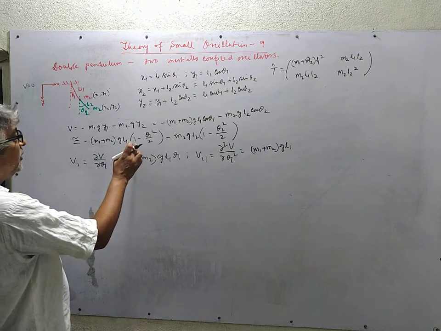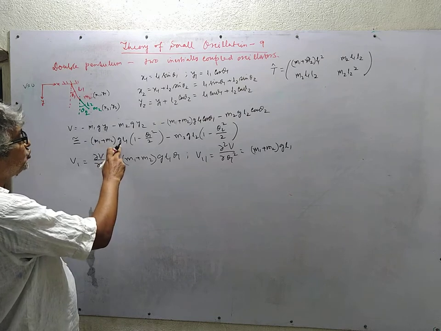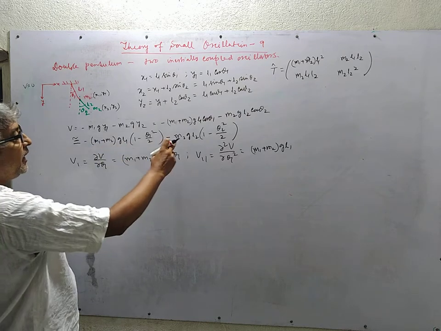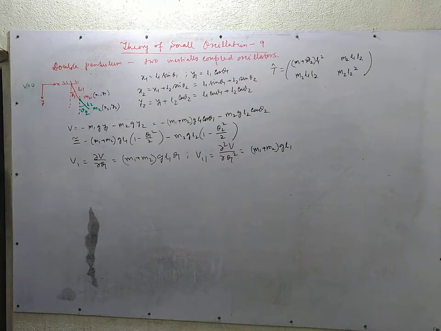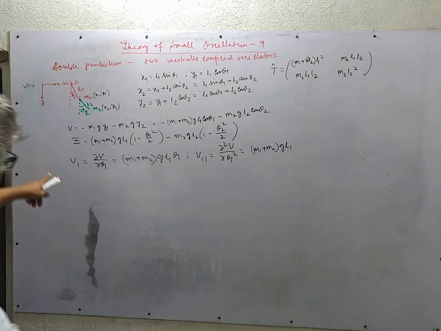Here we have a constant term (m1 plus m2) g l1, and m2 g l2 is the constant term. We may say that we ignore the constant term, and then we can again reconstruct the V matrix, but the easier way of constructing the V matrix is through this expression.